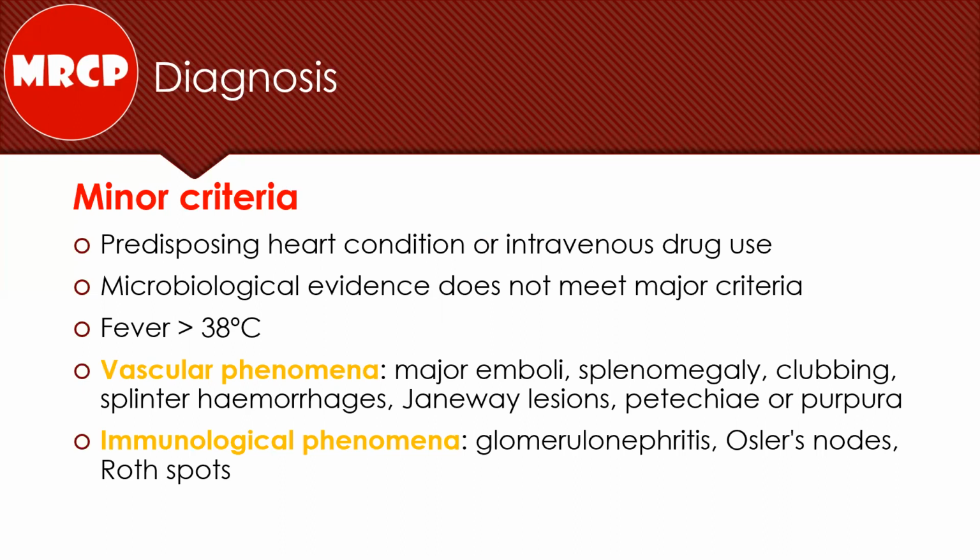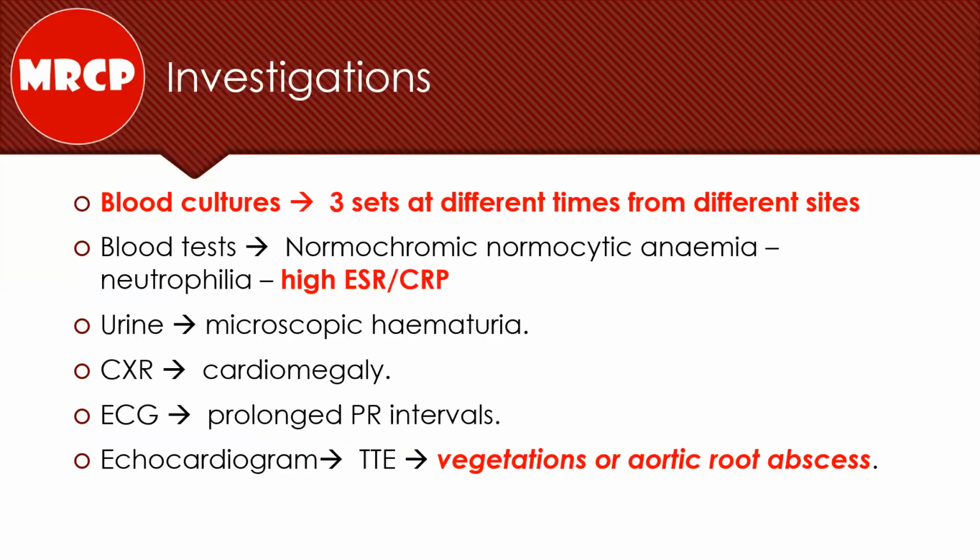Microbiological evidence that does not meet the major criteria, I mean other organisms not known to cause endocarditis, fever more than 38 degrees, vascular phenomena or immunological phenomena. By vascular phenomena we mean major emboli, splenomegaly, clubbing, splinter hemorrhages, Janeway lesions, petechiae or purpura, and by immunological phenomena we mean glomerulonephritis, Osler nodes, and Roth spots.